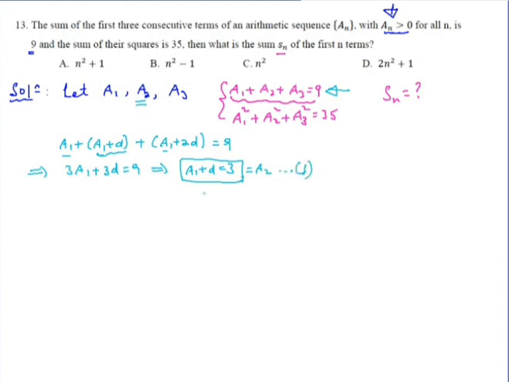Now we come to A1 square plus A2 square plus A3 square is 35.